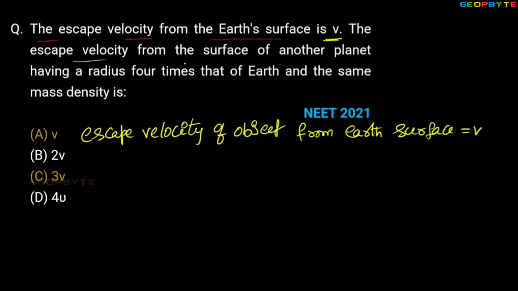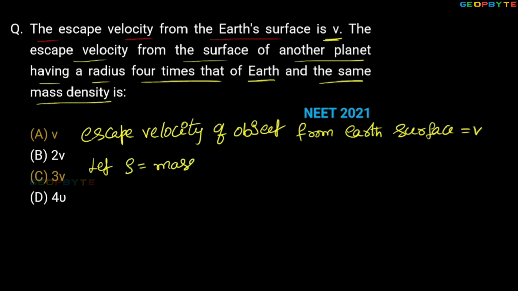The escape velocity from the surface of another planet having a radius 4 times that of the Earth and the same mass density. Let rho equal the mass density on Earth's surface.